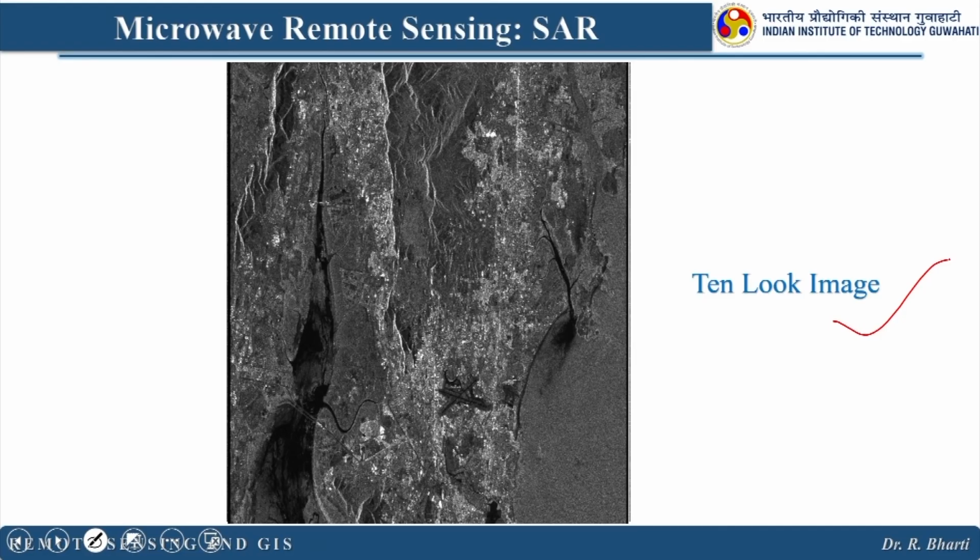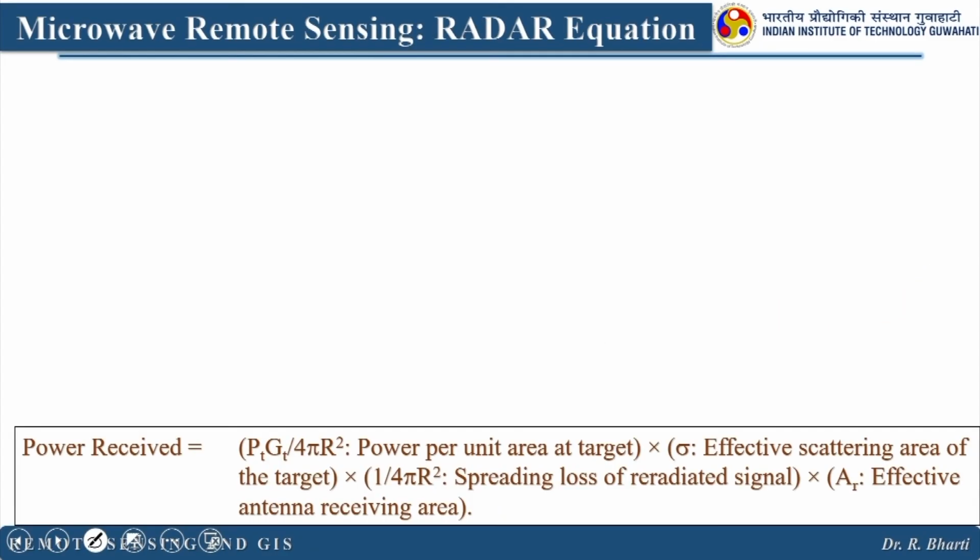Obviously, the 10 look will have maximum information about the area or the target. So in microwave remote sensing, especially in synthetic aperture radar, since we synthesize the length of the antenna, we can image the area from maybe 2, 3 or 4 positions, and then accordingly generate multi-look images.